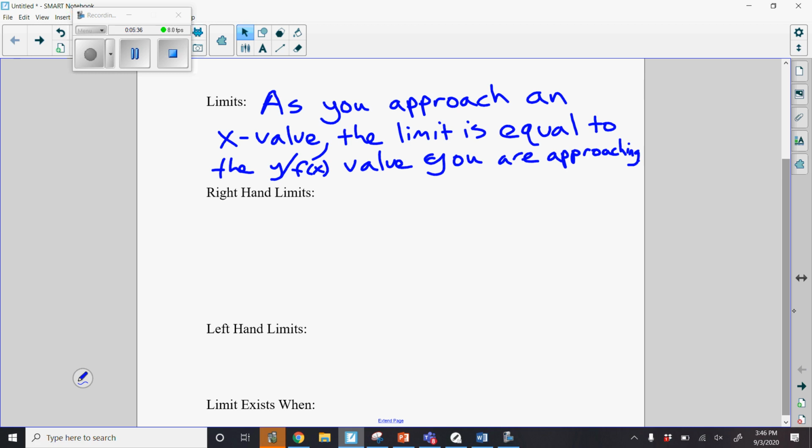We see a right-hand limit and a left-hand limit. Right-hand limits are about what f of x value we are approaching coming from the right side of the graph or the number line. So here's the notation for a right-handed limit.